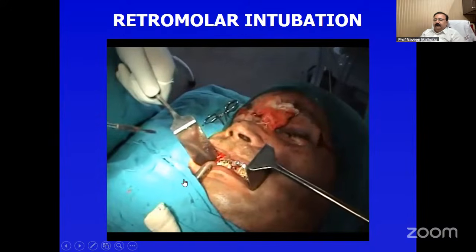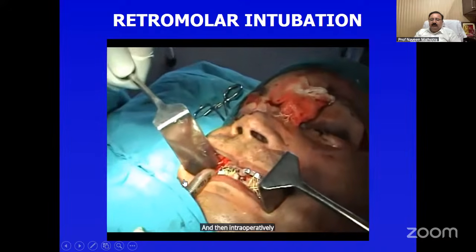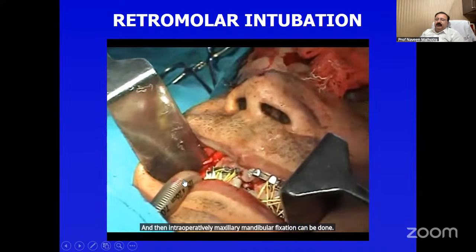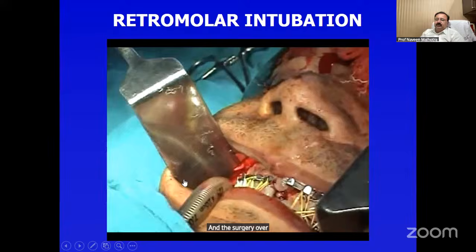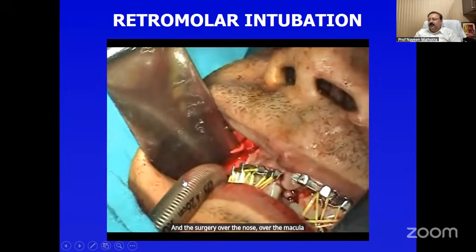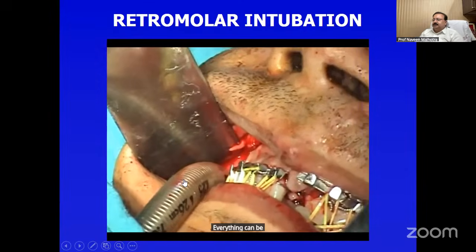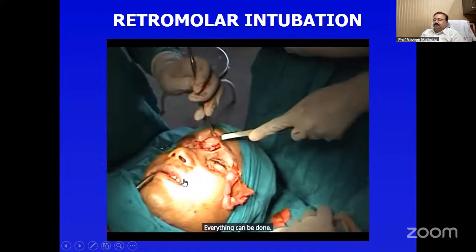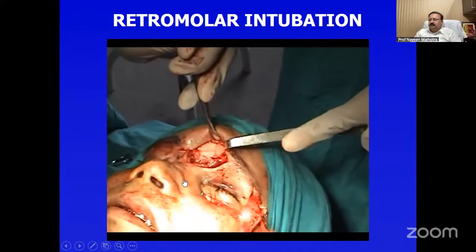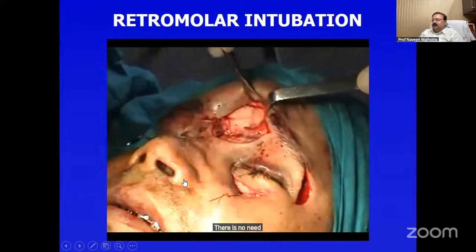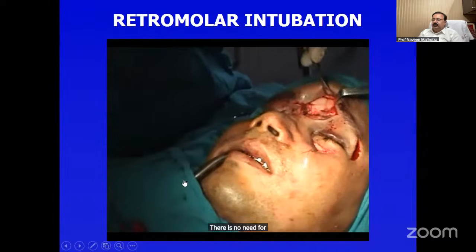And then intraoperatively maxillary mandibular fixation can be done, and the surgery over the nose, over the maxilla, over the mandible, everything can be done. So there is no need for perioperative tracheostomy.